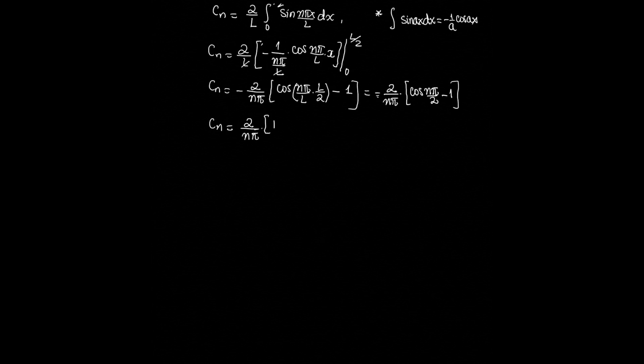I have 1 minus cos of n pi over 2. That is my Cn. Yeah, this value is changing, because if you actually see here, there is no specific number because it keeps changing. If n equal to 0, you get 1. If n equal to 1, you get 0. So it keeps changing, so just leave it like that.